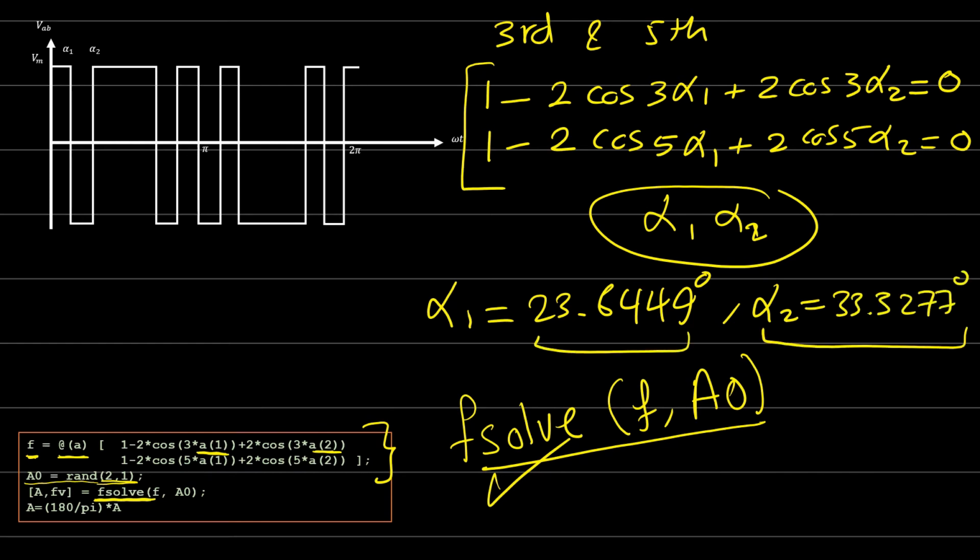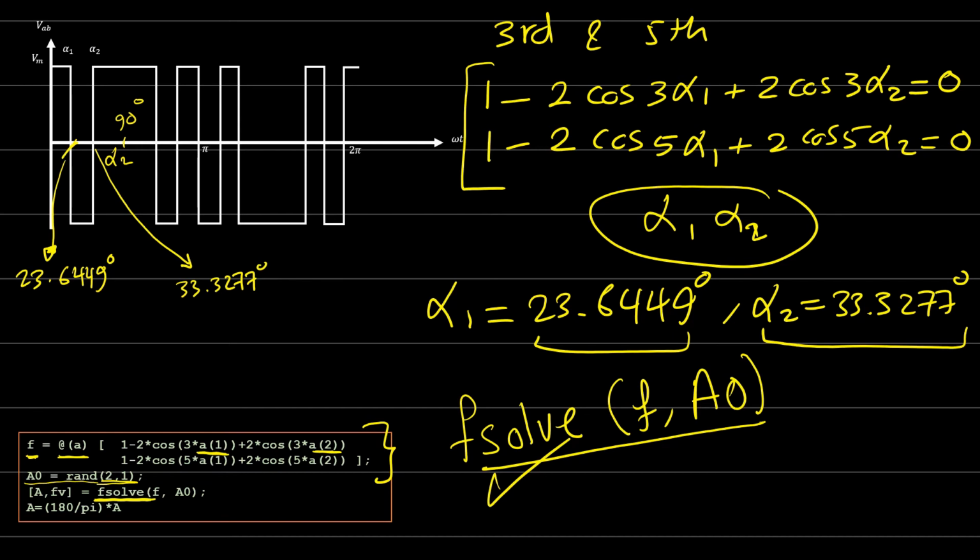So here we can chop our waveform at 23.6449 degrees, and this one here, alpha 2, at 33.3277 degrees. And here, of course, 90 degrees, or pi over 2. Clear? By this method, we are able to eliminate the two harmonics, the third and the fifth harmonic.